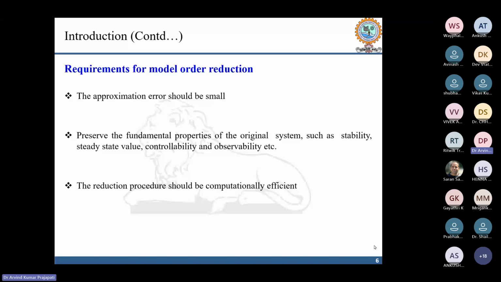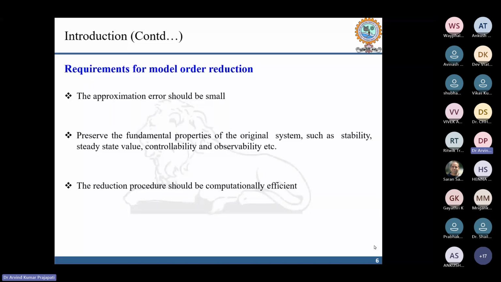Also, we prefer methods that give the same steady state value. Suppose the original system gives a steady state value like 240 volts, and the order reduction technique does not give near 240 volts, then we will not use that method. Similarly, if your original system is controllable and observable, then your reduced system must also be controllable and observable.